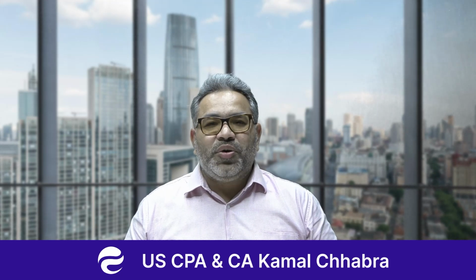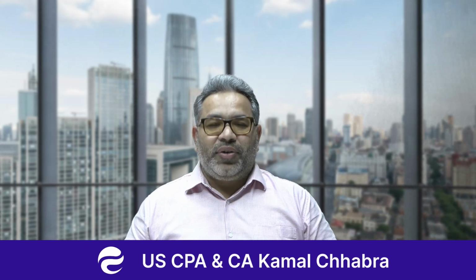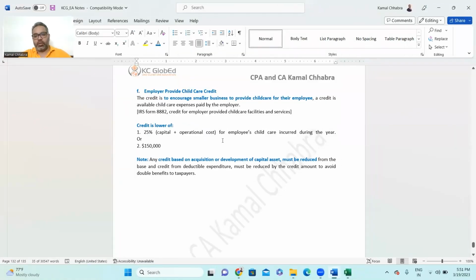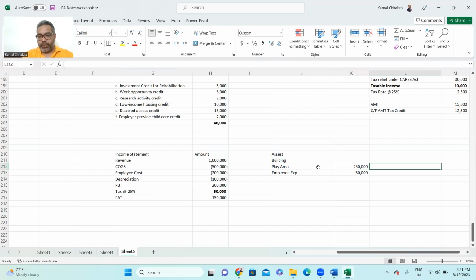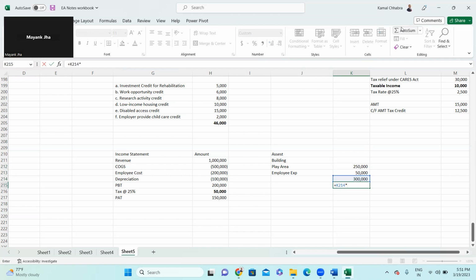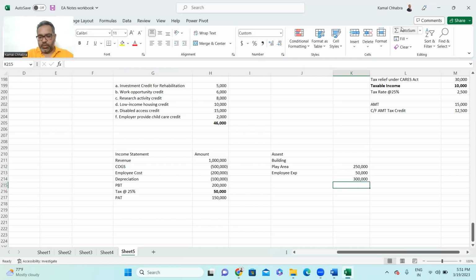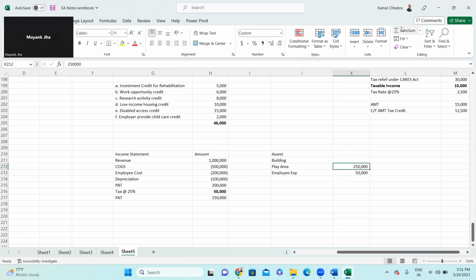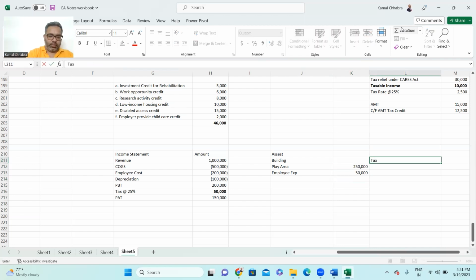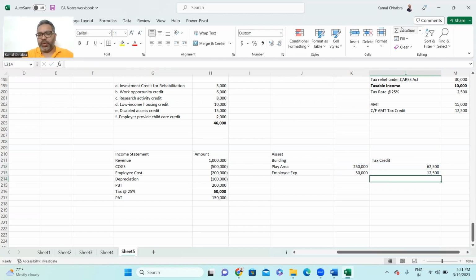So let's dive in to understand more in detail about technical accounting and reporting. Capital expenditure and operational cost. So what is the 25% of these two? Plus this multiplied by, I would say, 75,000. Once again, tax credit. Let's say tax credit is this multiplied by 25% and this multiplied by 25%.